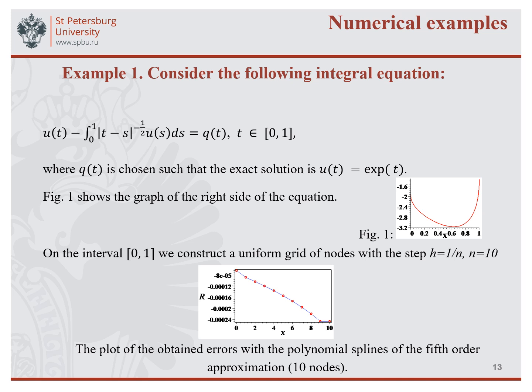And we can see the solution of our integral equation when we use the polynomial splines of the fifth order approximation when the quantity of nodes is 10. So here we can see the error of approximation when we used the splines of the fifth order of approximation.